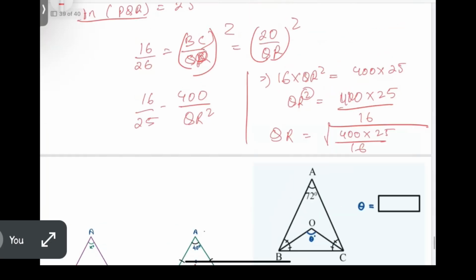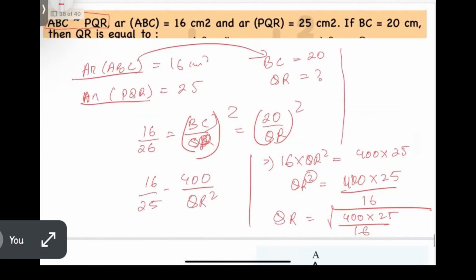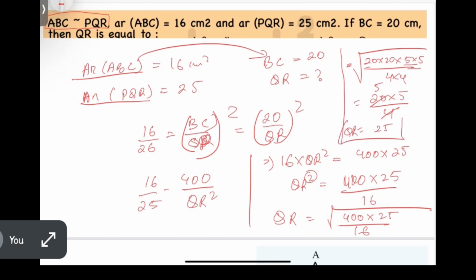Now 400 can be written as 20 into 20, 25 can be written as 5 into 5, and 16 can be written as 4 into 4. If you can't follow this, please find the factors, we have discussed factors. Under the root, 20 repeating two times, one will be taken out; 5 repeating two times, one will be taken out; 4 repeating two times, one will be taken out. 20 into 5 is 100, divided by 4, so QR value is 25.